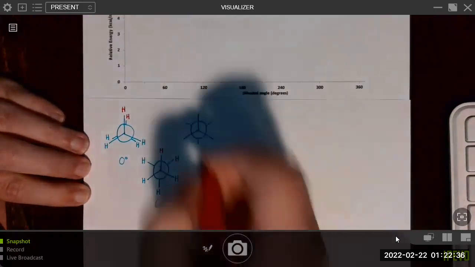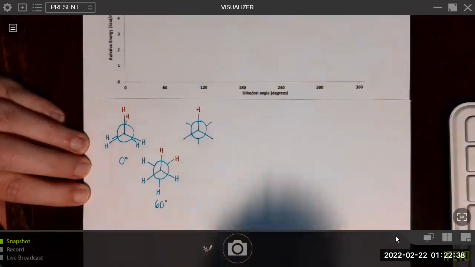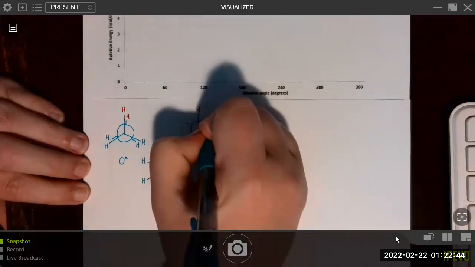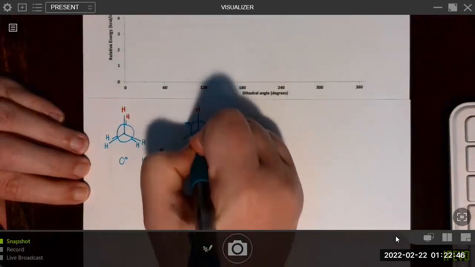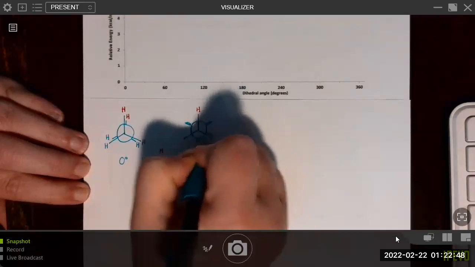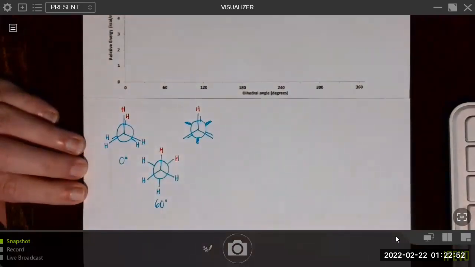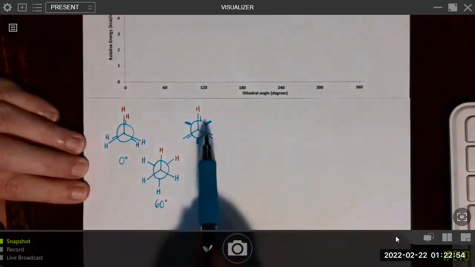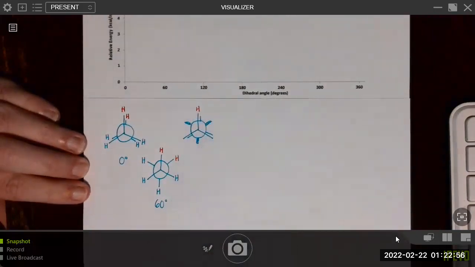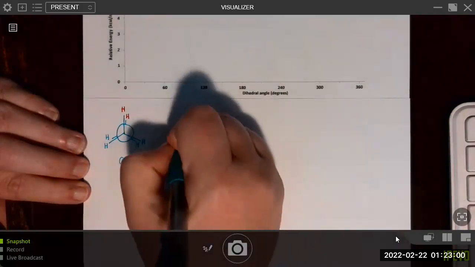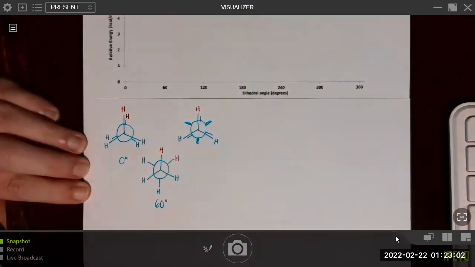So again, I'm rotating the back carbon. Oh, I did not draw the eclipsed conformation. So many things to think about. I'm messing this up. Okay, so trying to draw an eclipsed conformation, right? And draw that front carbon exactly like it was.